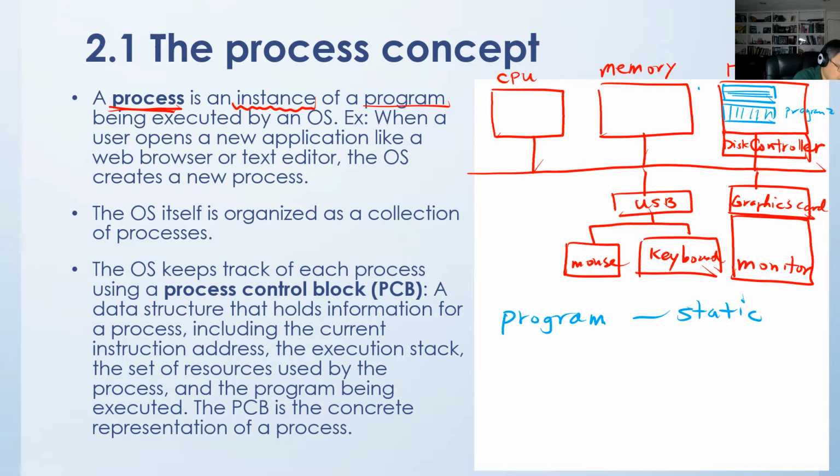Now, what's the process? Let's say I want to run program 1. Typically you trigger the program by clicking its icon on the Windows desktop, or you can type the command on the Windows command line interface.